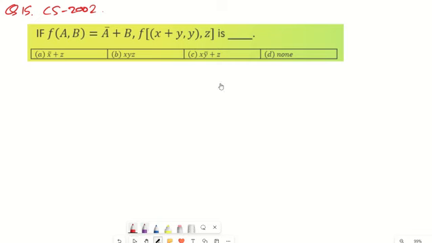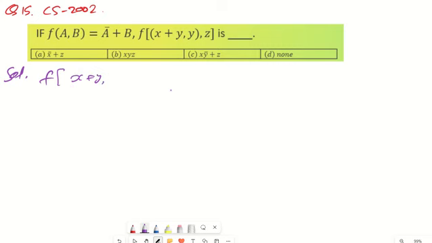Alright, so what we can do is start solving this. Let us say what is the method that we should follow, right? Our aim is to get this function x plus y comma z as only two terms, right? So these two terms can be identified very easily. So let us say my function of x plus y comma z, right?